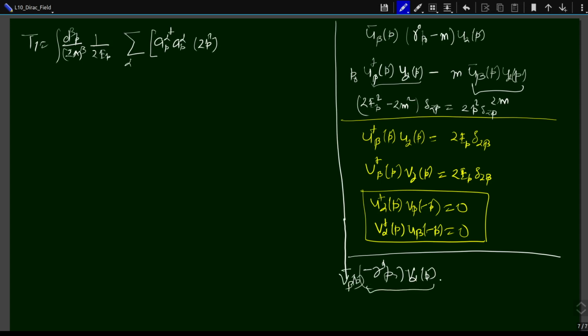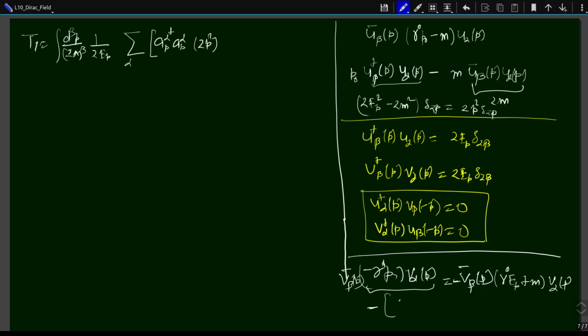Because of this minus sign, we have gamma 0 ep plus m, v alpha. Here the minus sign remains outside, v bar becomes v dagger with ep.